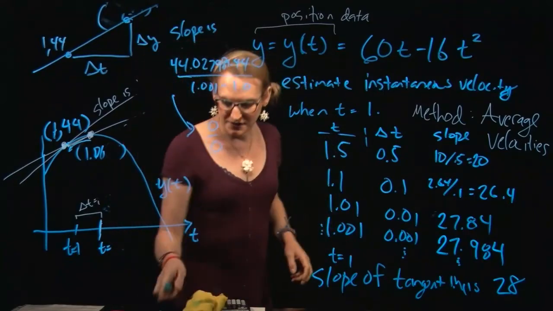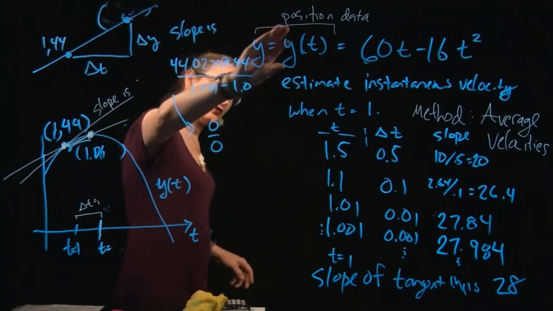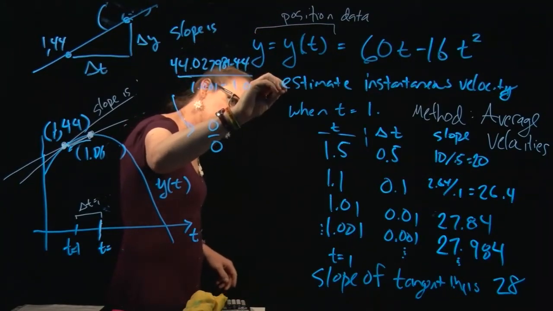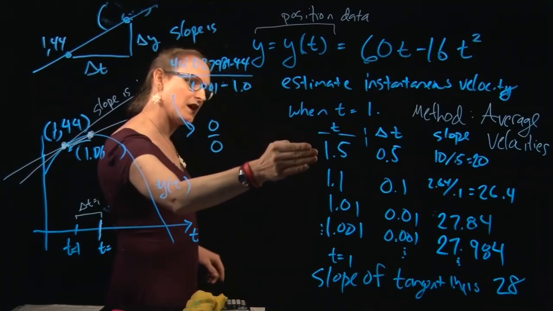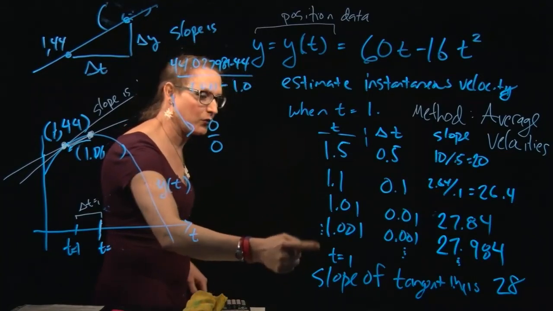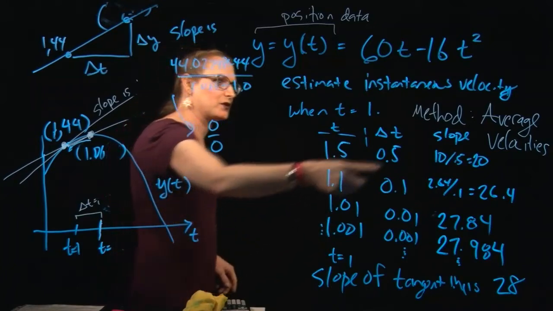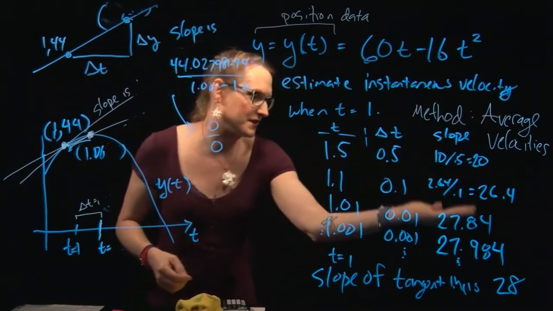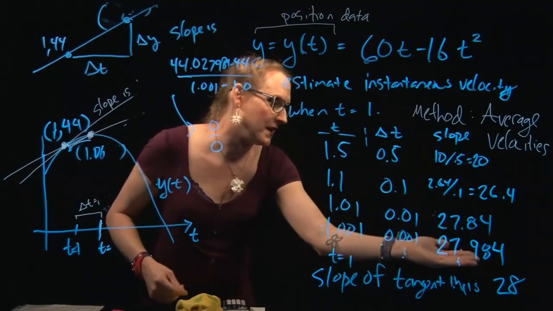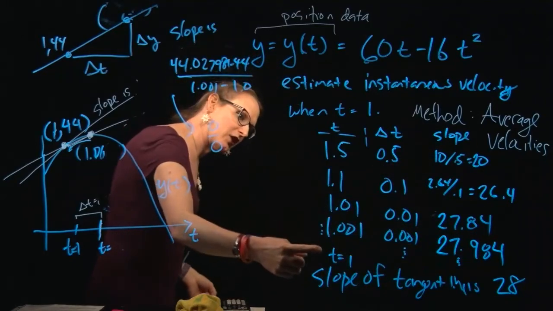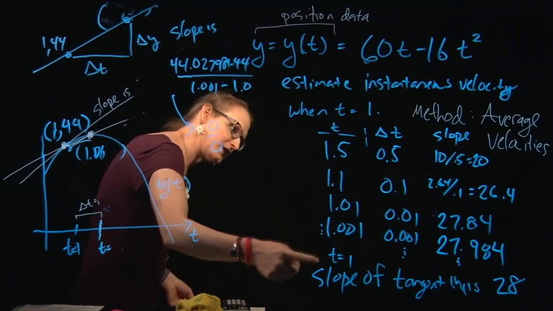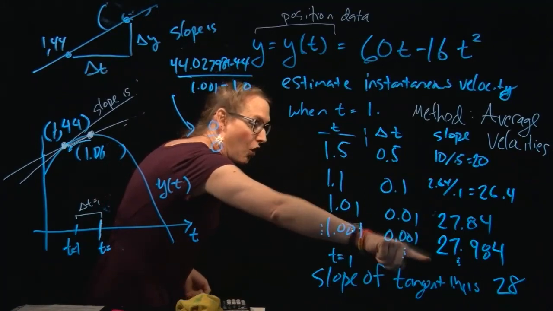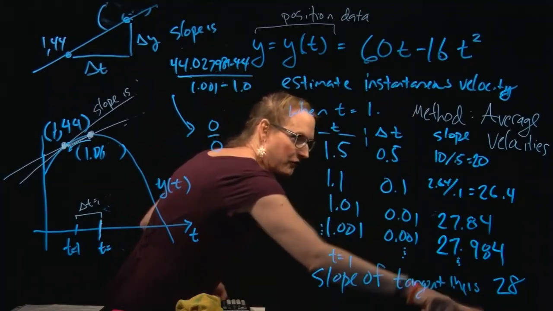So again, to sum up, we started with a function, and we want to estimate the instantaneous velocity at some particular time. We chose a sequence of times that leads to the time we're interested in, and we computed slopes of secant lines. We computed average velocities. These are all average velocities. And by getting closer and closer to t equals 1, we can make these numbers arbitrarily close to the value they're converging to.